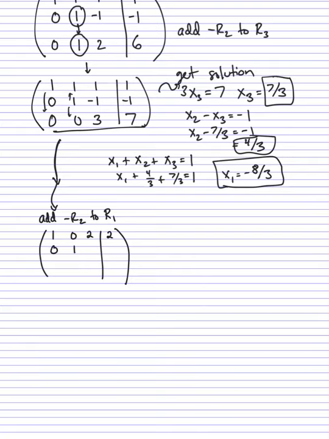Okay, 0, 1, minus 1. Everything else stays the same. Then we add a third of row 3 to row 2, and minus 2/3 of row 3 to row 1.